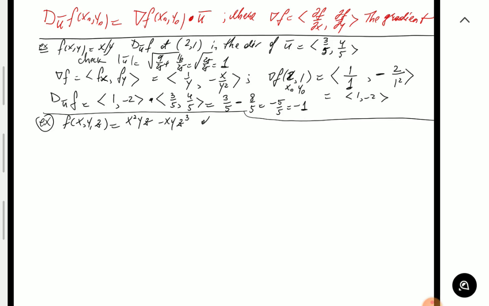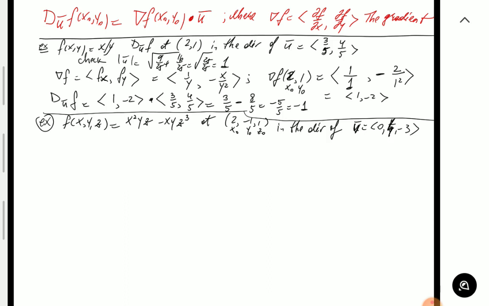And then we need to evaluate the directional derivative at the point (2, -1, 1), so that'll be x naught, y naught, z naught, in the direction of, let's call it v, (0, 4, -3).